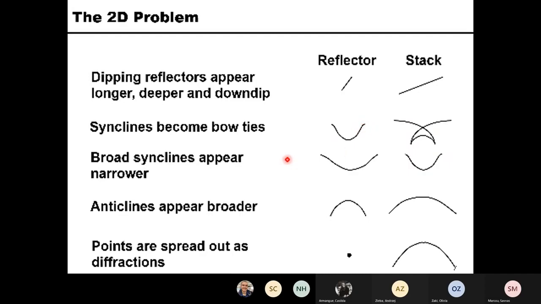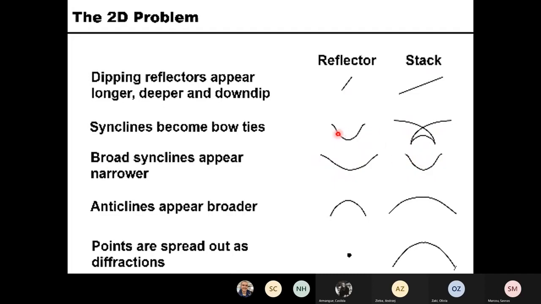However, if this syncline is much wider, basically just a straight line but slightly bended, right, up in your data space in the stack section, that's also a syncline. This is also a syncline but narrower, right?